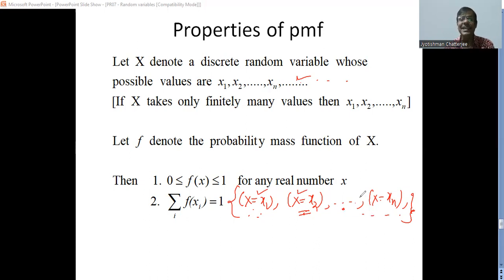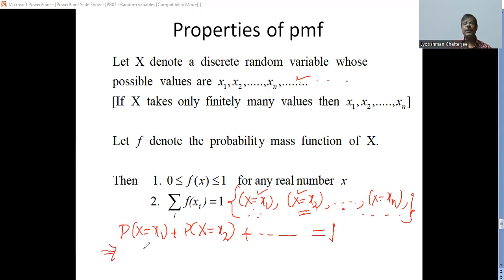And as we discussed just now, in such a scenario, the summation of their probabilities, probability of X equal to x1 plus probability of X equal to x2, and so on, I'm just adding up all these probabilities, must give me 1. And what are these things?